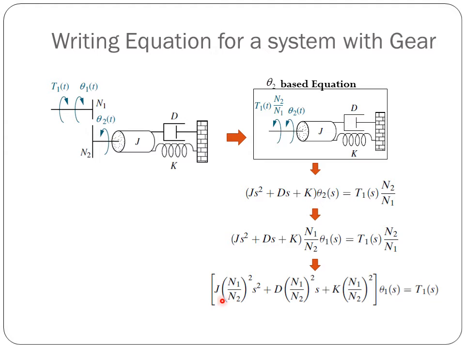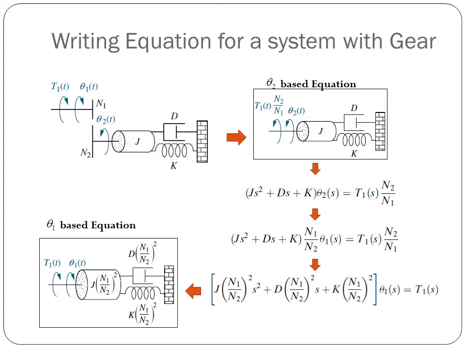So this is my inertia which is connected to theta 1, this is the viscous damper, and this is the equivalent spring. So we can express all this impedance in a picture.